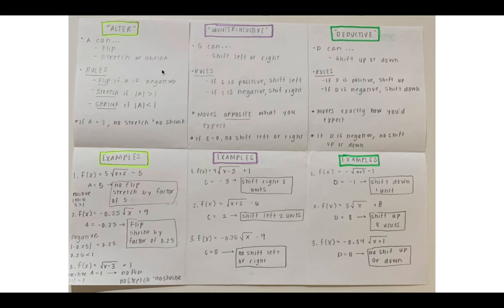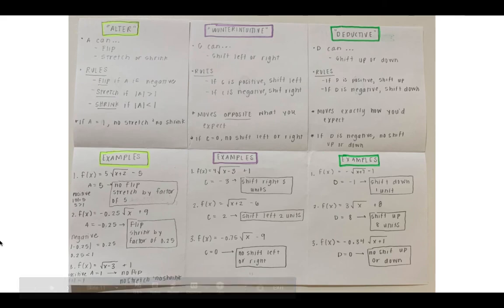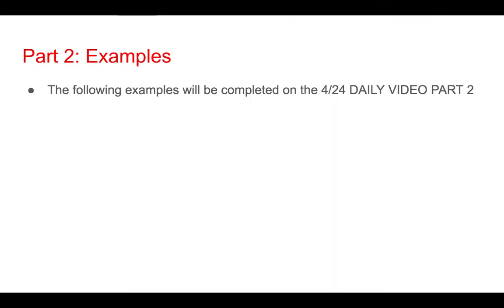So I have all of the notes on the top, and then I just have examples on the bottom. So A is for alter, C is for counterintuitive, D is for deductive, and then it just has all of the rules in here, little extra notes, and then 3 examples of each one all the way worked out. So if you would like to make one of those, you absolutely can, if you think that would help you on this stuff. Okay, that's all I have for you for notes on C and D.